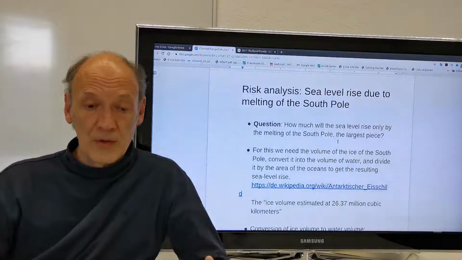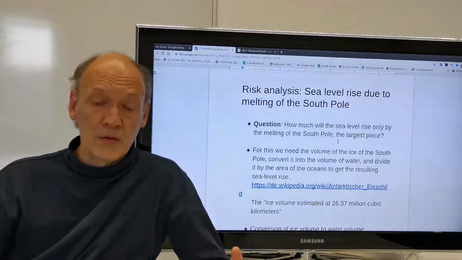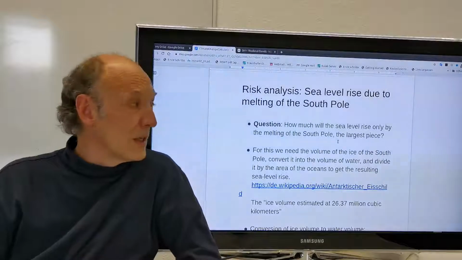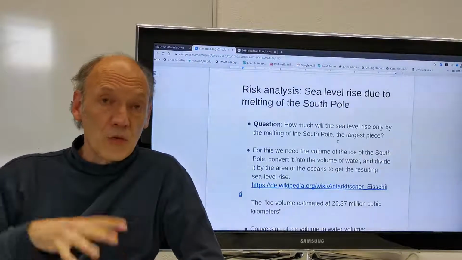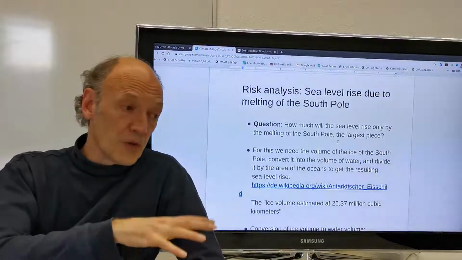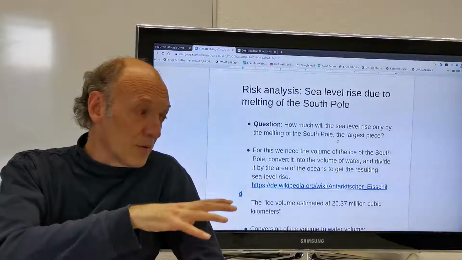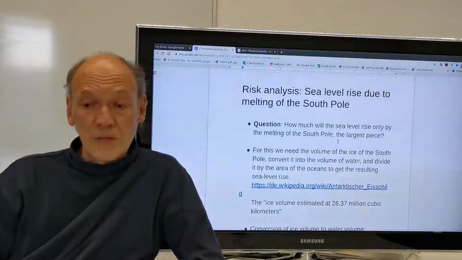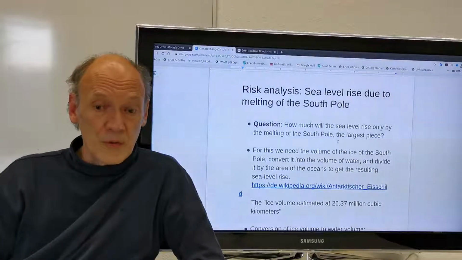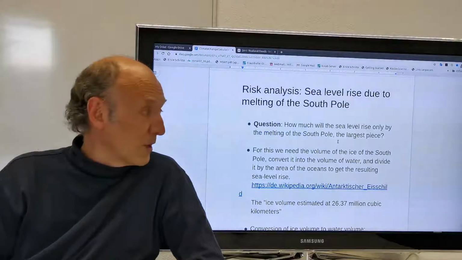It's on land, so the melting of the ice on Antarctica leads to an increase in sea levels, unlike the North Pole, which is mostly floating ice. When floating ice melts, it basically doesn't change the sea level, but the South Pole is on land, so melting there really affects the sea level.